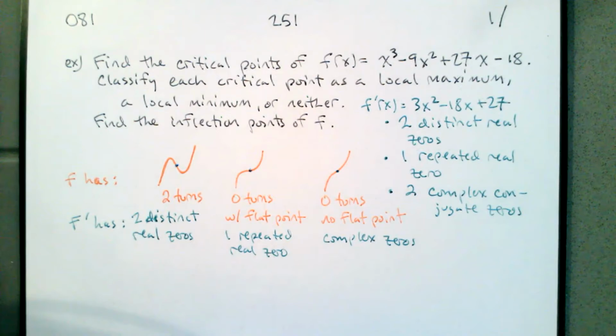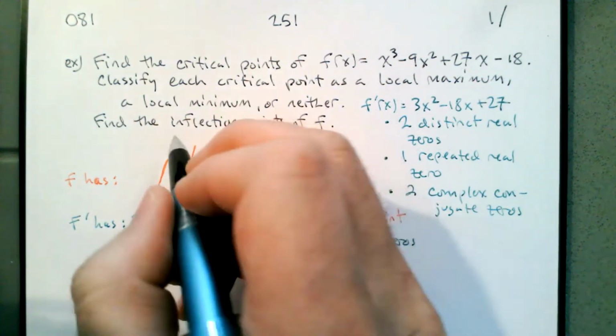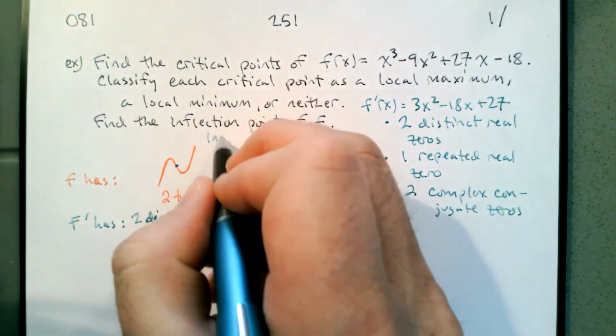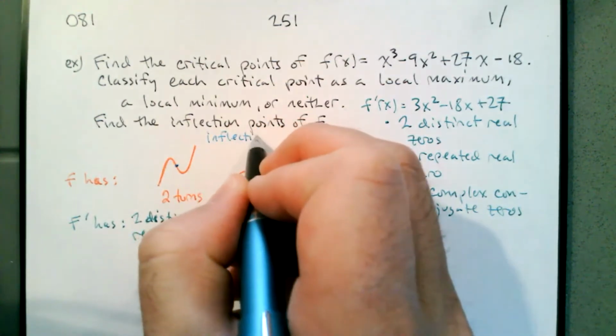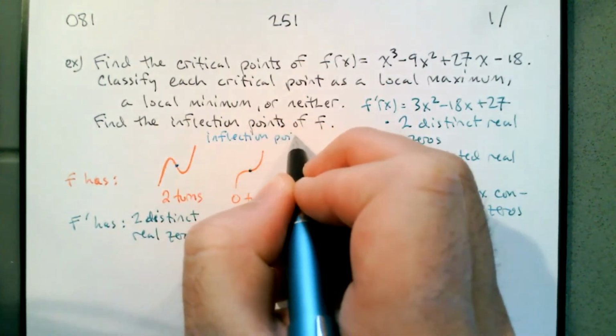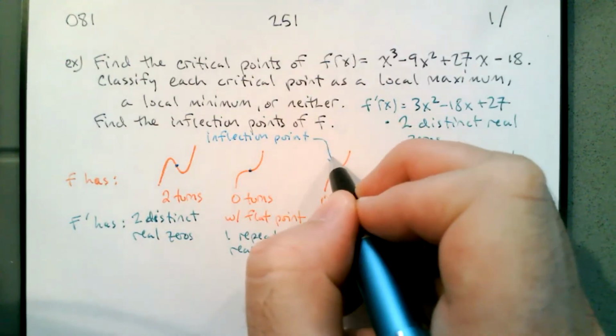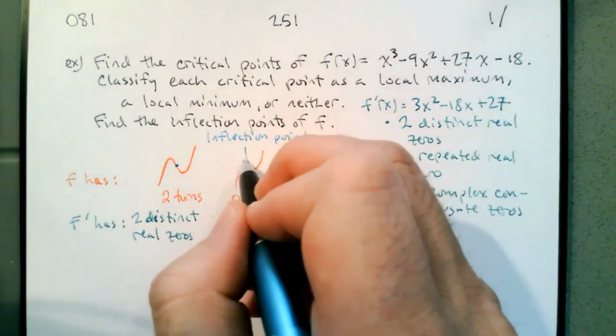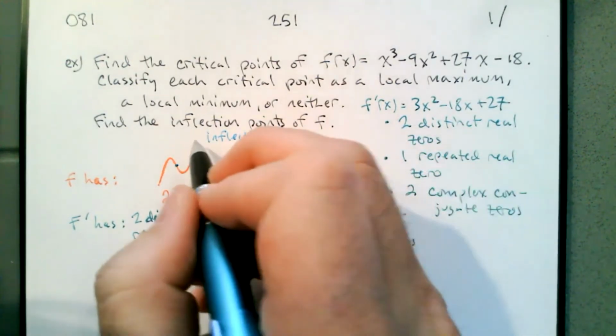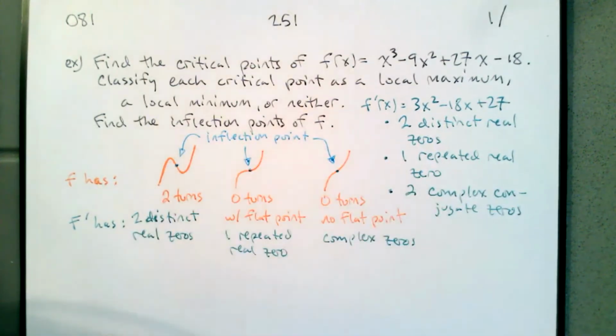In all three cases, f has an inflection point. No matter how we draw the graph of f to fit this description, either with 2 turns, no turns and a flat point, or no turns and no flat point, to draw a cubic graph, we've got to have an inflection point somewhere.